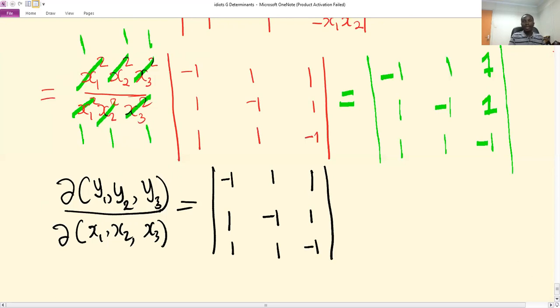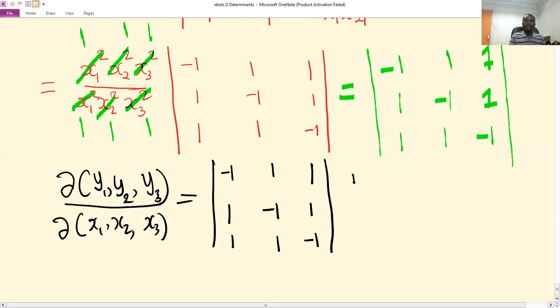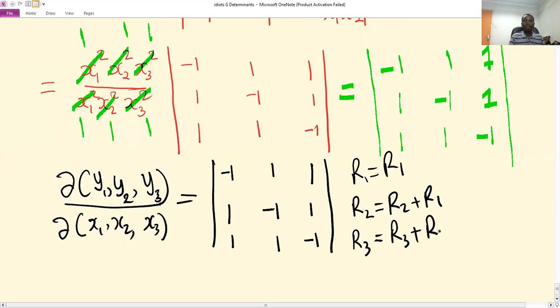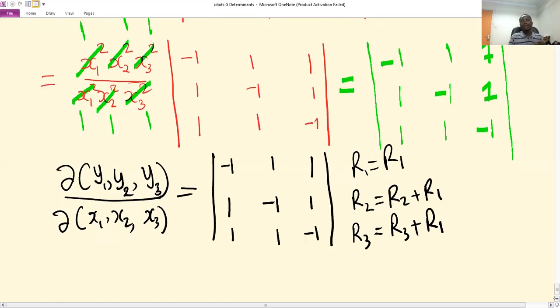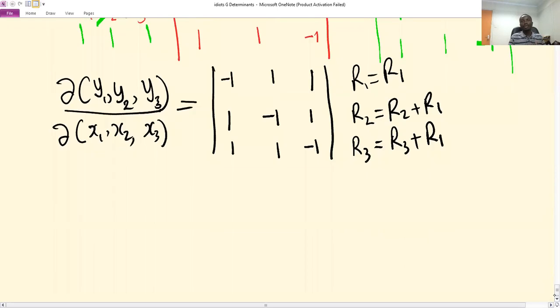Now let's play with rows. So we say let row 1 remain row 1, row 2 be now row 2 plus row 1, and row 3 be row 3 plus row 1. Remember, if you add a multiple of a row to another row in a determinant, the value doesn't change.